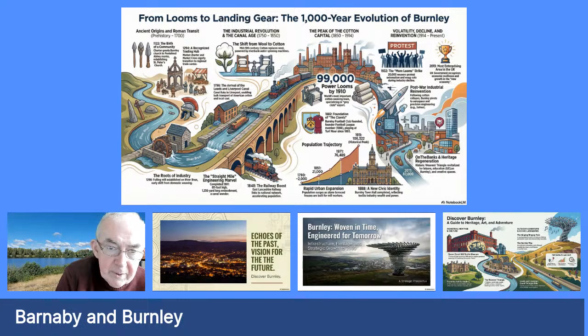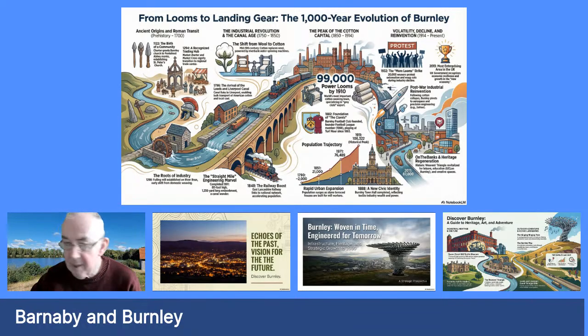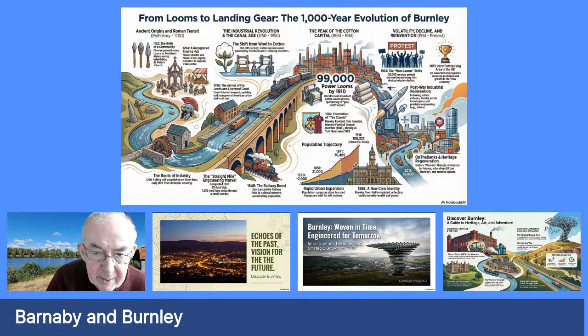It was the cotton capital of England, and power looms came into being in 1910, 99,000 of them. Burnley Football Club, we've spoken about, and below that you can see the town hall, and on the right-hand side you have, well, let's just go over here and go again, and just let me move this over.